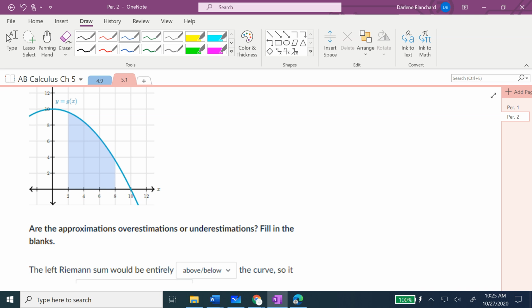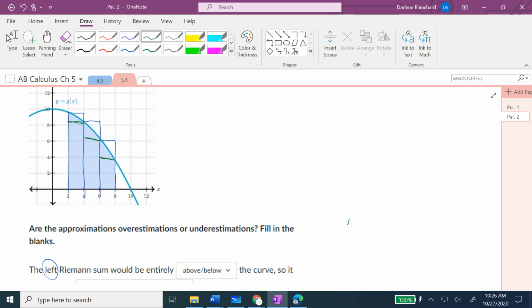If you do a left Riemann sum, can you see that you are definitely having rectangles that go above the curve? And if you are doing right Riemann sums, that you are definitely looking at area that is only under the curve.